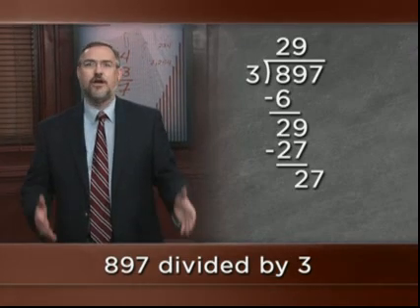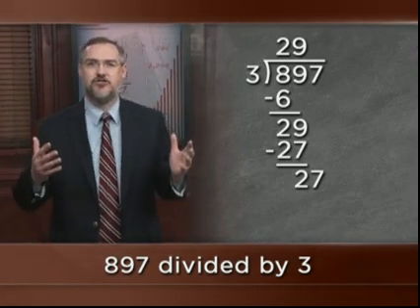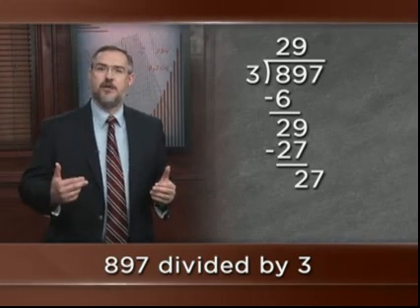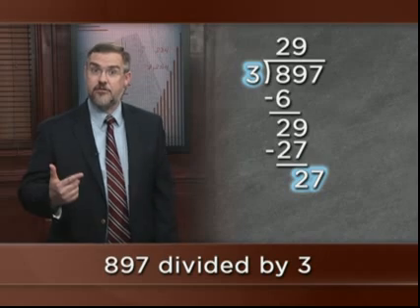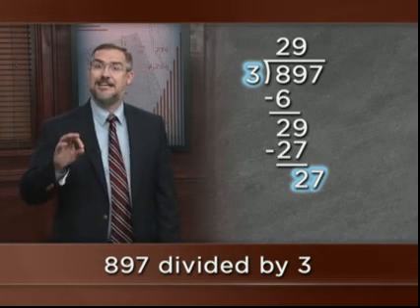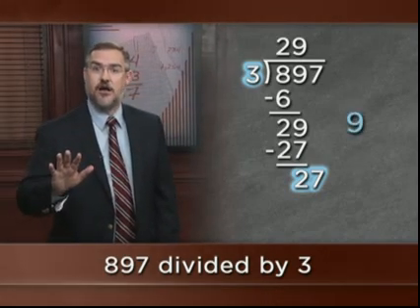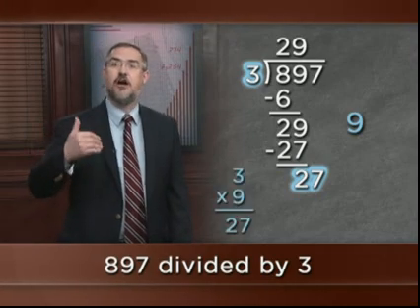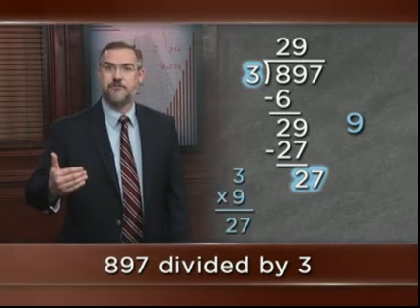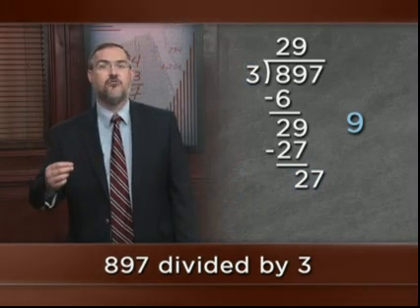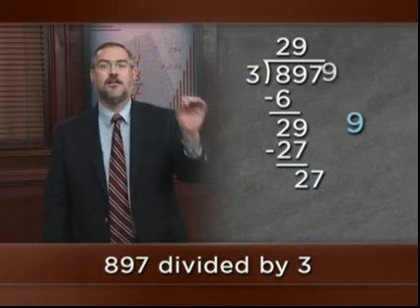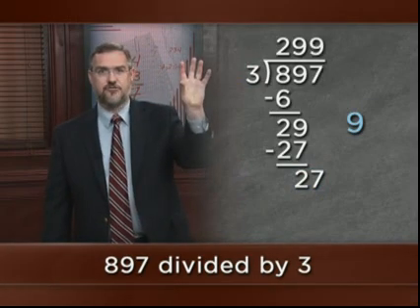And now we ask the same exact question again. How many times does 3 go into 27? Well, here, 3 goes into 27 exactly 9 times because 3 times 9 is 27. And so, above the 7 that I have in 897, I'm going to write a 9 in the answer section.